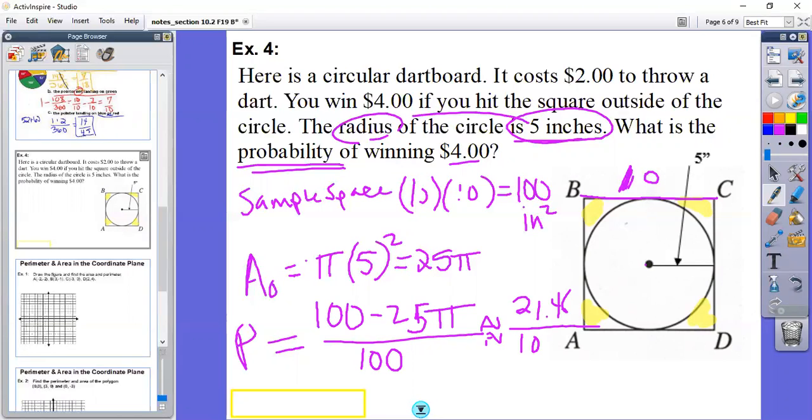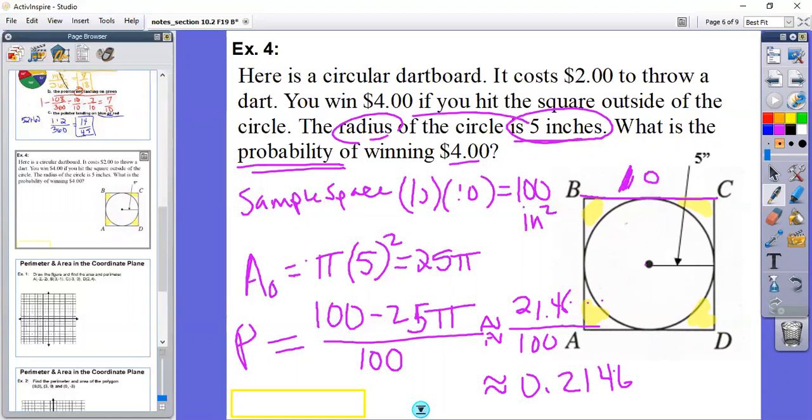And that's going to get divided by 100. And so that is approximately 0.2146, and I've truncated off the rest there.